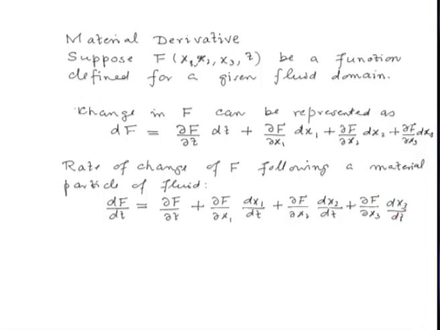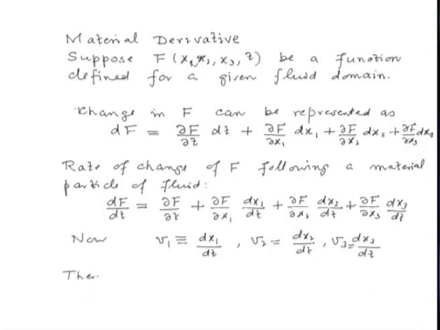But now let us recall the way we have defined our velocities. So the velocity component v1 is actually dx1 by dt. Similarly v2 is dx2 by dt, and v3 is equal to dx3 by dt.